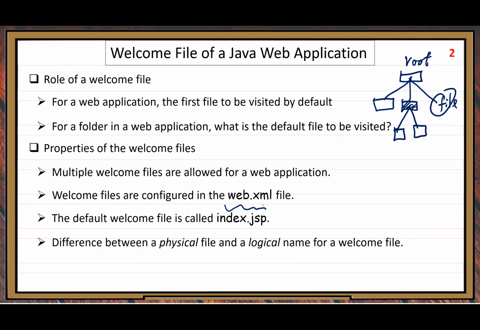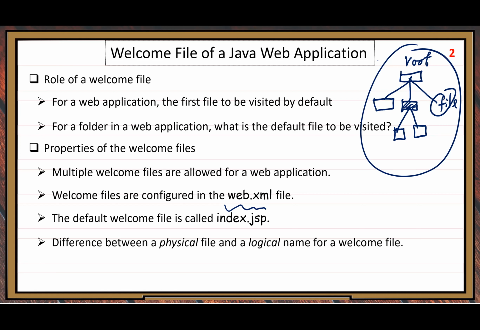This property explains that reason: the difference between a physical file and a logical name for a welcome file. I think you understand the physical file. You can see that file object. It stays somewhere in the tree, in our web application tree.